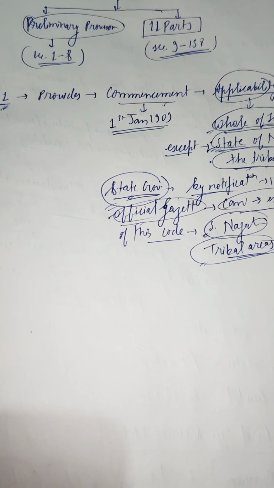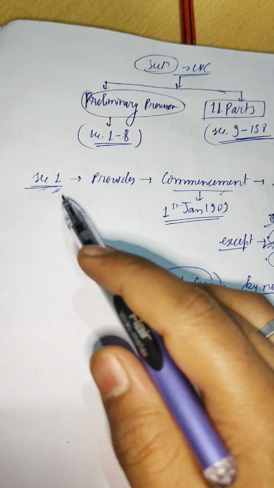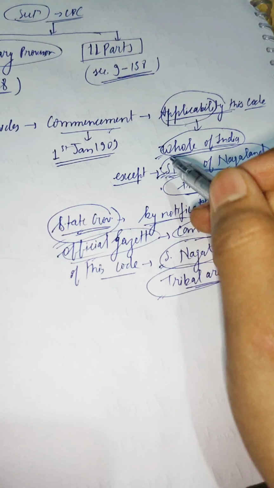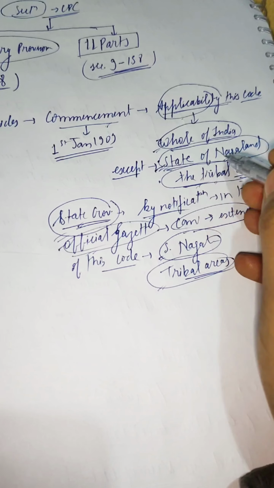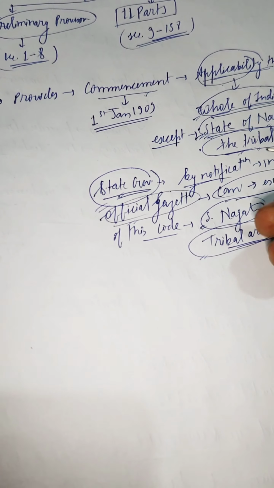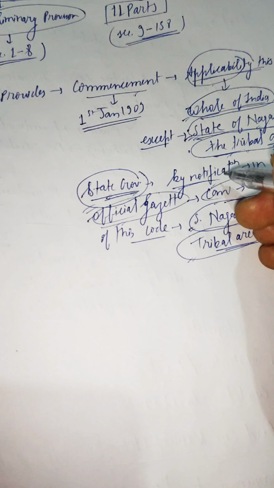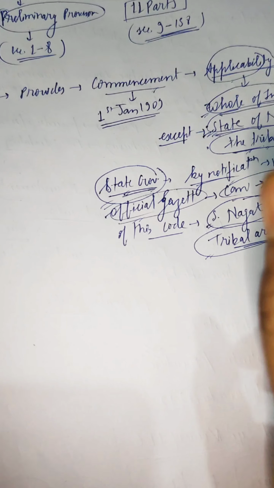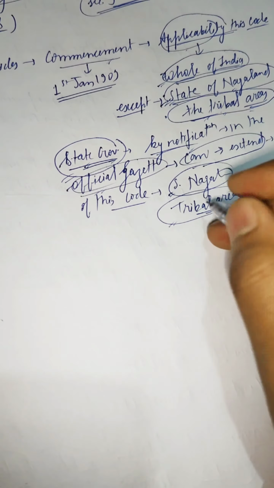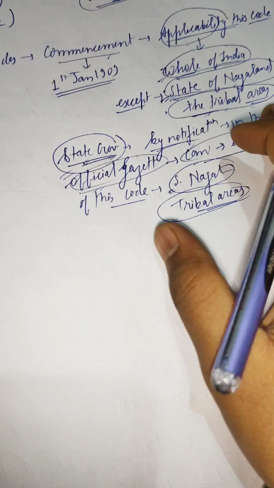It is an exception to the general rule: though under section 1 the applicability of this code was restricted in the state of Nagaland and tribal areas, by official notification, as the government feels necessary, it may notify that the code will be applicable in the whole or part of Nagaland or any tribal area.